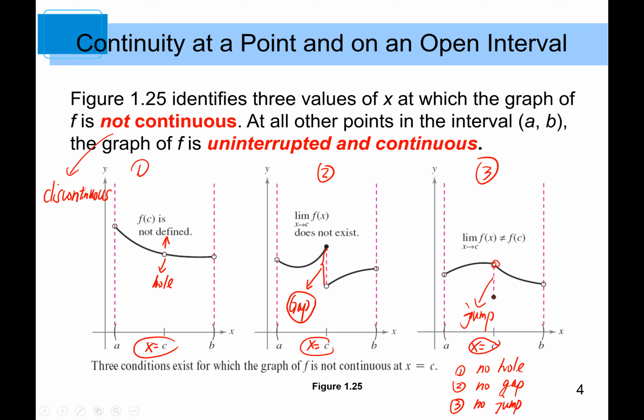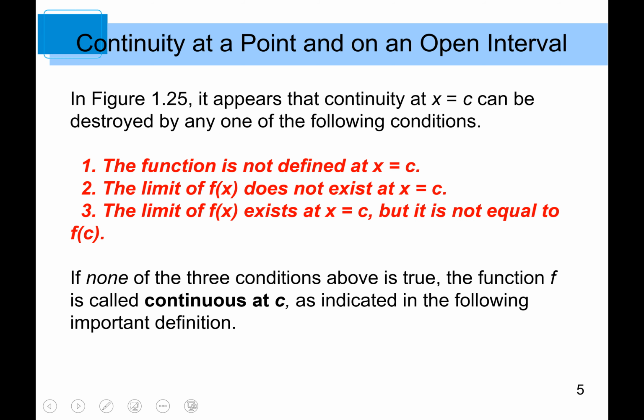In this case, other than x equals c, in an interval (a, b), the graph of f is continuous and uninterrupted. So it appears that continuity at x equals c could be destroyed by any one of the following conditions.